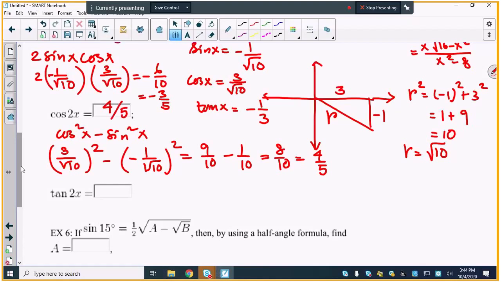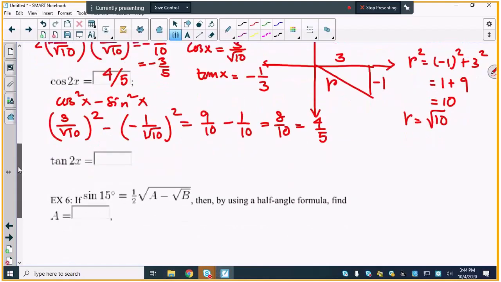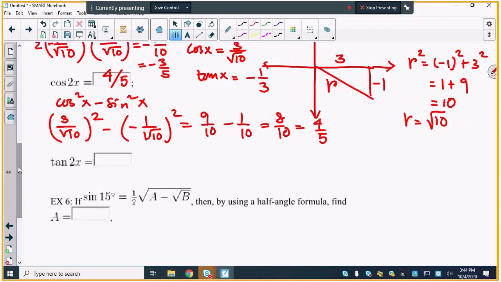Tangent 2x, remember I can just do the ratio of sine and cosine or use the double angle formula. Let's do the ratio, that's easier. So it is sine of 2x over cosine of 2x. So I get 3 over 5 over 4 over 5, and that is equal to 3 over 4.